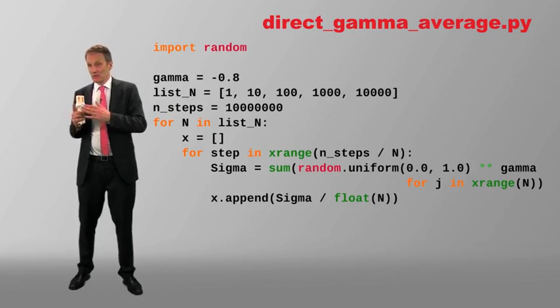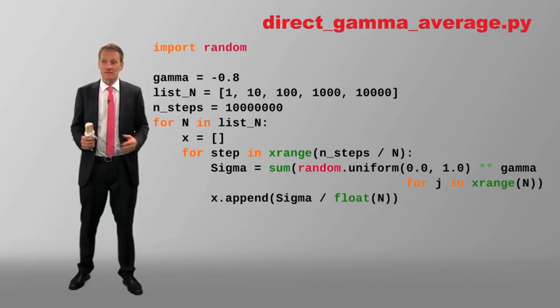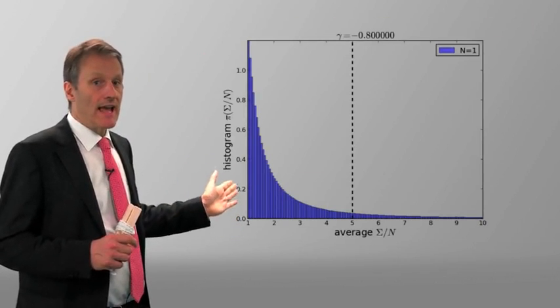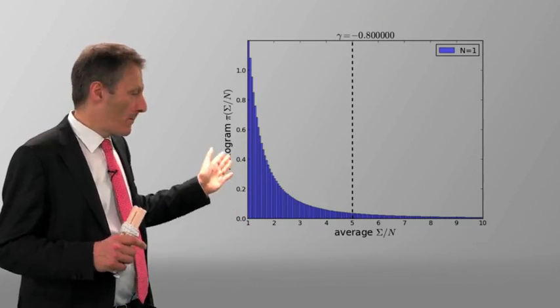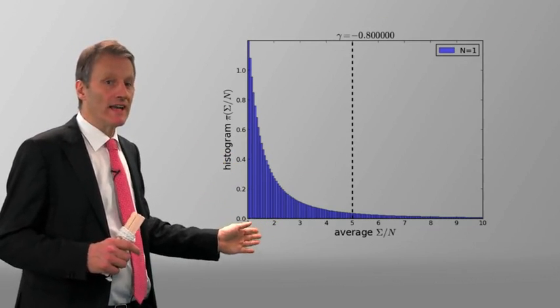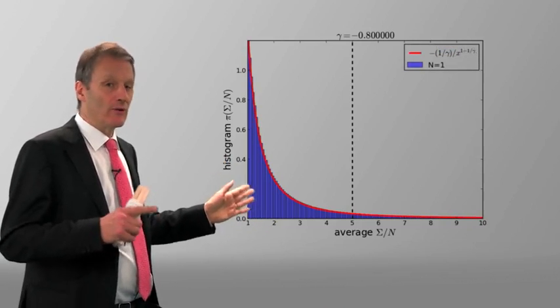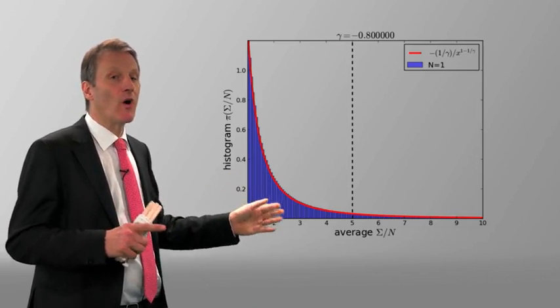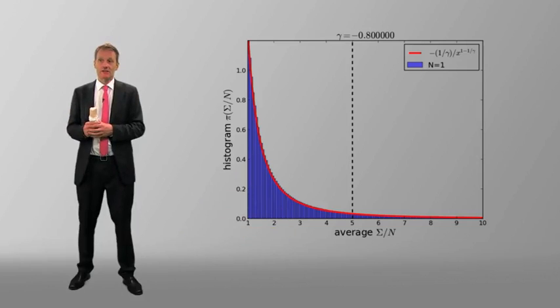We take n equal to 1, 10, 100, 1,000, 10,000, and 100,000. For n equal to 1, we have the original integral, and its probability distribution is given by pi of sigma over n equal to sigma over n to the power of minus 1 minus 1 over gamma, as we discussed previously in lecture 4.